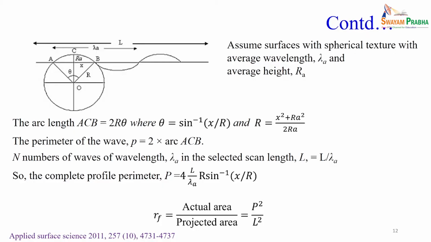So, here let us assume we are having a patterned surface. Let us say you are having a surface structure, it is having this kind of structure. So, if we draw a 2D profile, the 2D profile will look like this.